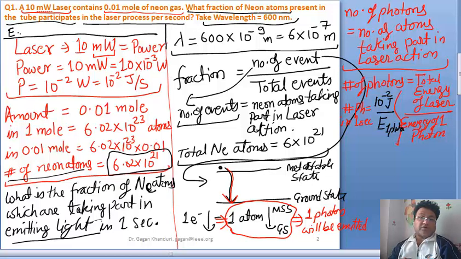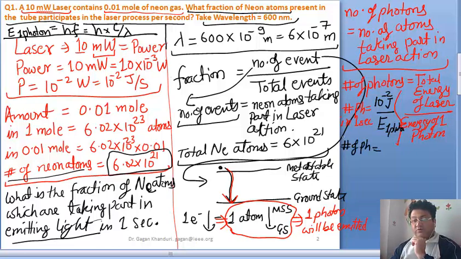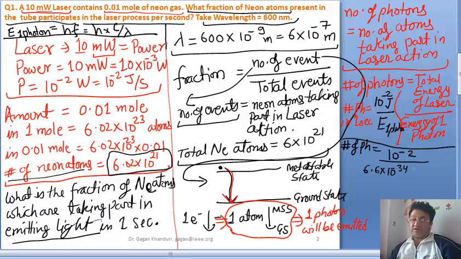So the energy of one photon is given as h into f, and you can write it as h into c by lambda, because f is c by lambda. So if you put the values here, the number of photons will come out to be 10 raised to power minus 2 by h, which is 6.6 into 10 raised to power minus 34, into c, which is 3 into 10 raised to power 8, by lambda. Lambda goes up here, so that is 6 into 10 to the power minus 7.